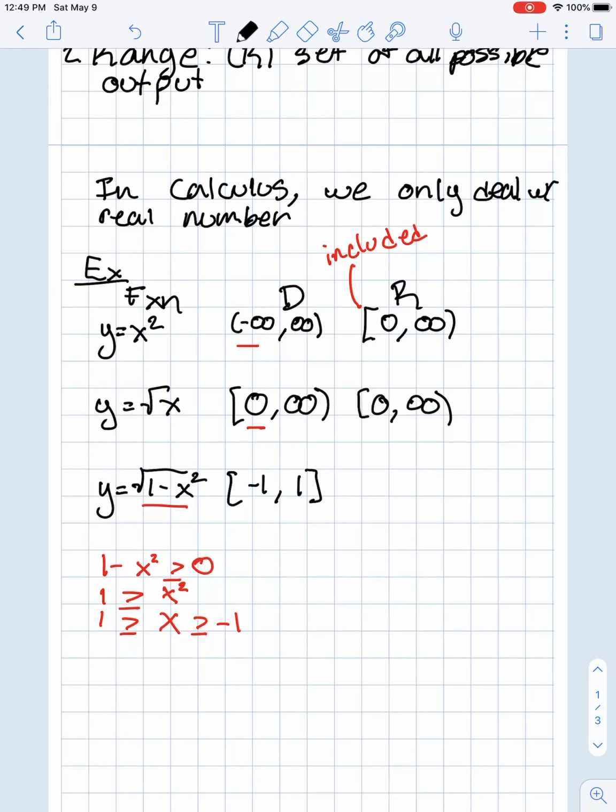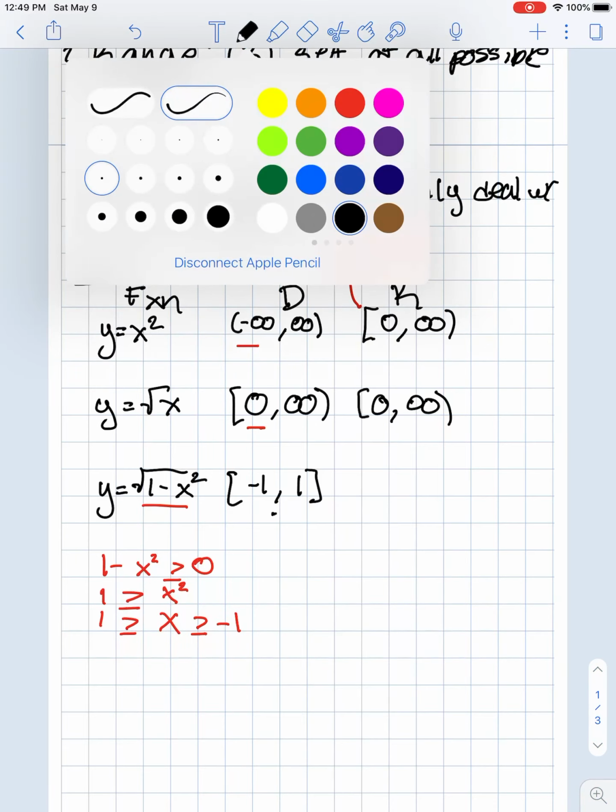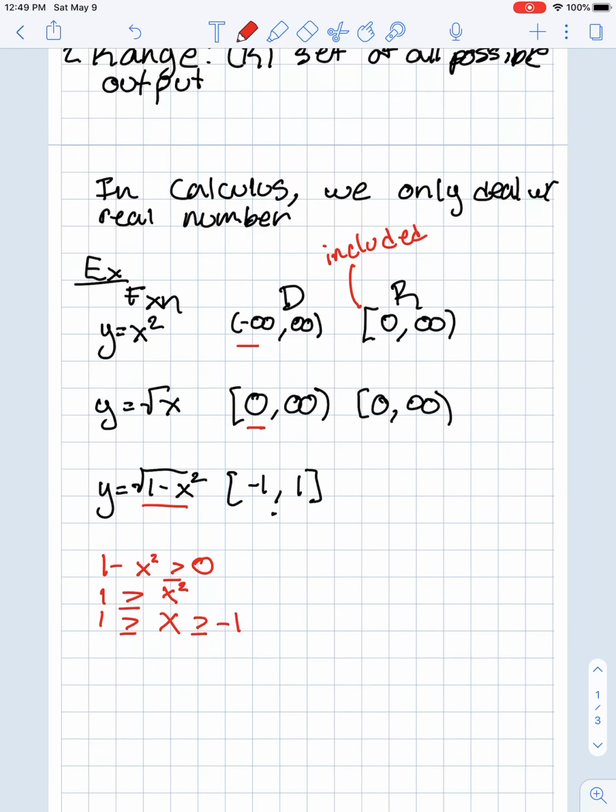That's how I get my domain. I take what I know about this bigger picture and I work it through to find this. So what about my range? I know that my smallest value of x is going to be -1.